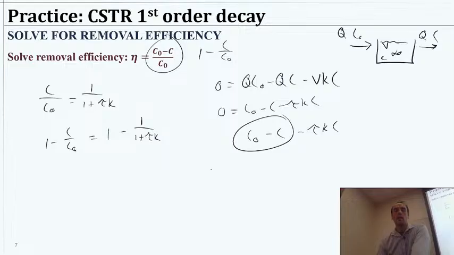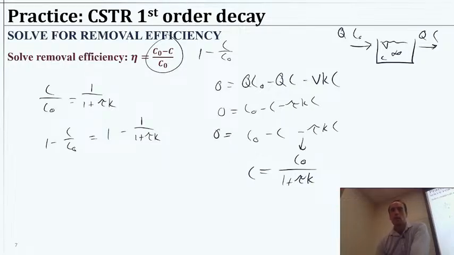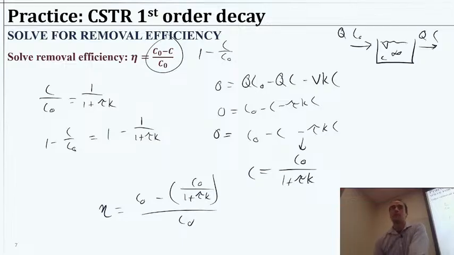So if we were to do c equals c naught over 1 plus tau k, which we can derive from here, then you put the c into there. So then you can say the efficiency is equal to c naught minus c naught over 1 plus tau k. That was the approach you took, right? Okay, cool.